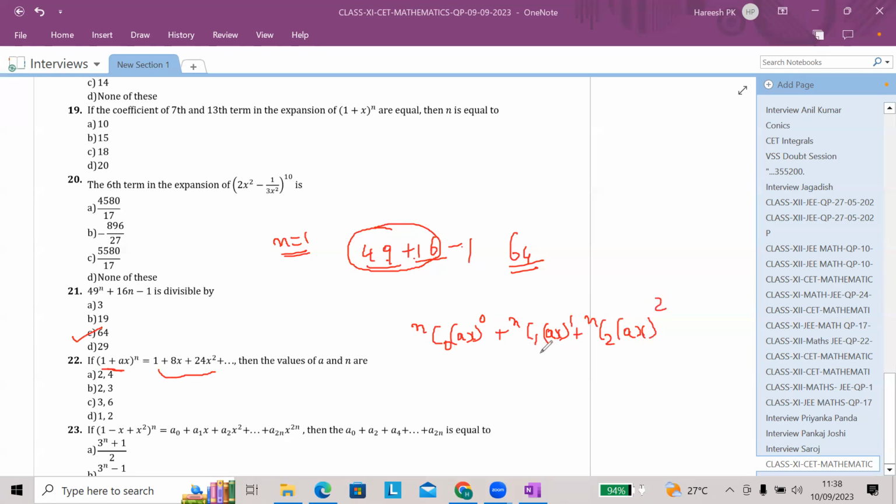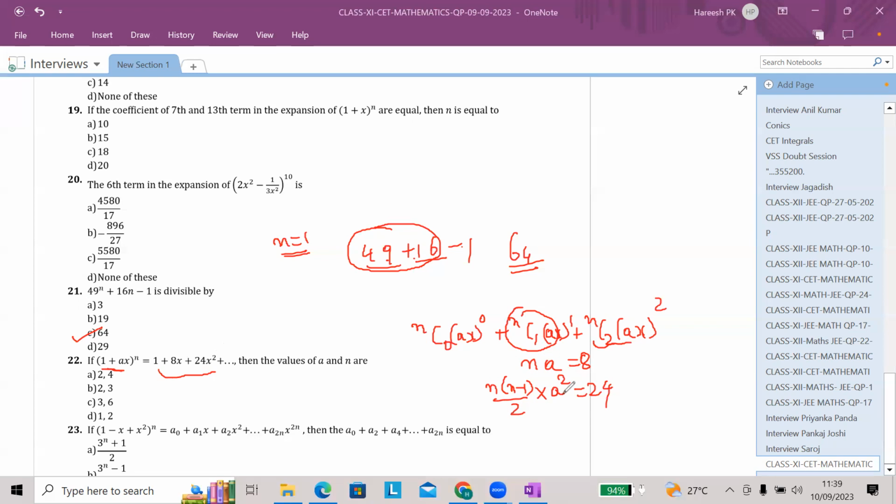So on comparing, we can say that nC1, which is n into A, is the coefficient here, and that has to be equal to 8. And here the coefficient is nC2, which is n(n-1)/2 factorial into A², and that is equal to 24. So there are 2 unknowns here, n and A.